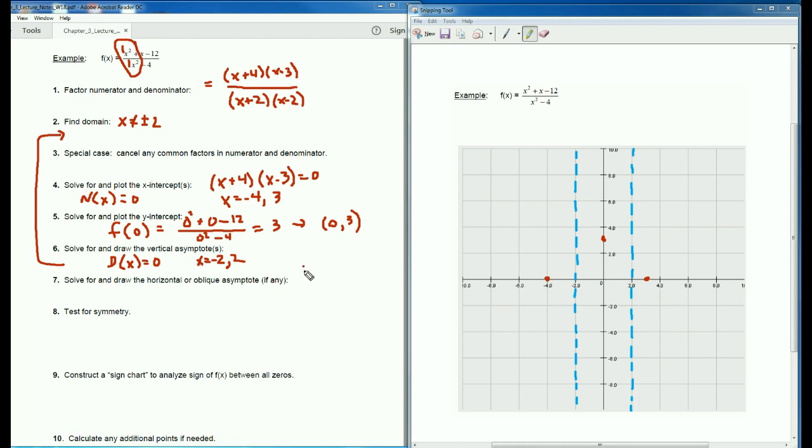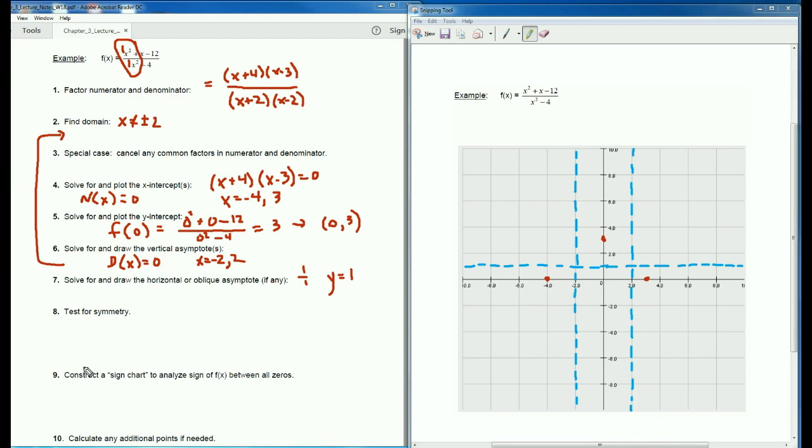So therefore, 1 over 1 will give us a horizontal asymptote of y equals 1. Okay, so we can go ahead and add that to the graph. All right, so y equals 1 is right about there, like that.